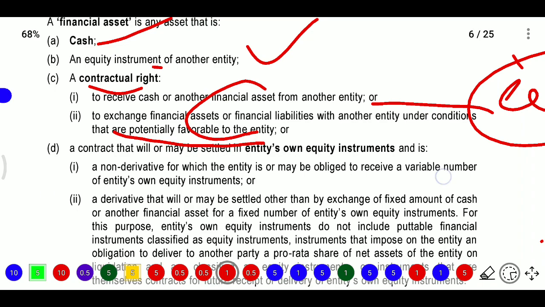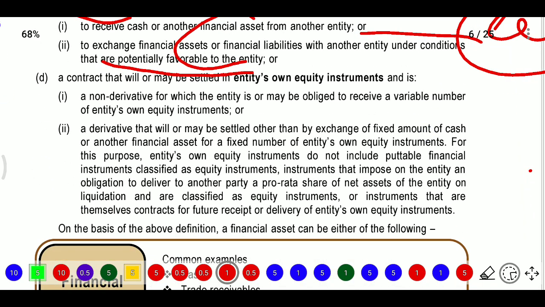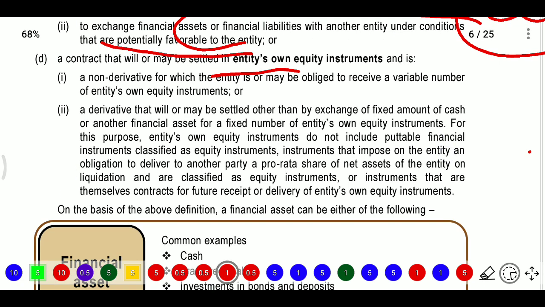After that, the contract will or may be settled in the entity's own equity instruments. In some cases entities settle in their own equity instruments, and that is a contract only. So financial assets mean cash, equity instruments, contractual rights and some of the entity's own equity instruments.